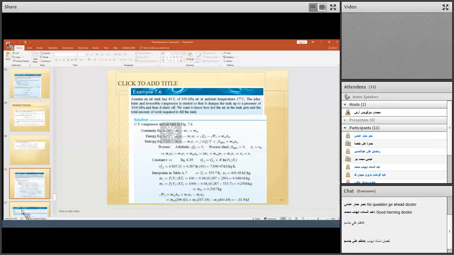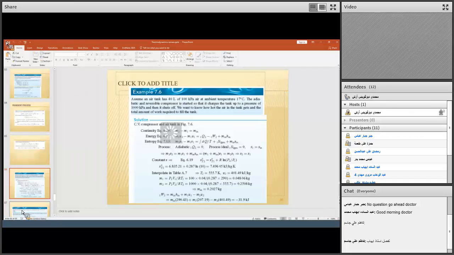We want to know two things: the temperature of the air at state 2 after increasing pressure, and the total amount of work required to fill the tank. So this is a transient process.